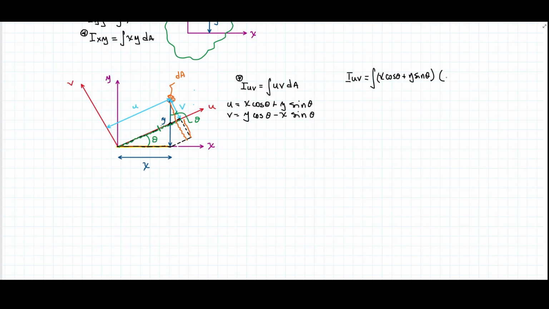Then we're going to have here y cosine of theta minus x sine of theta, dA. So we have defined the product second moment of area of the principal axis in terms of the Cartesian coordinate system that we are using in practicality.